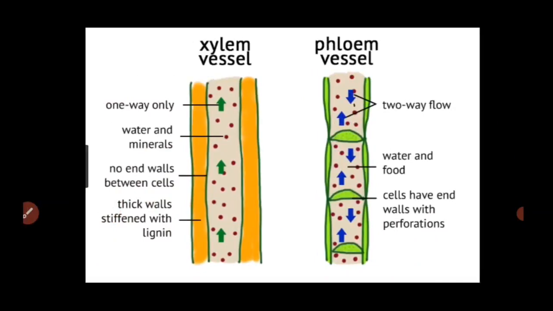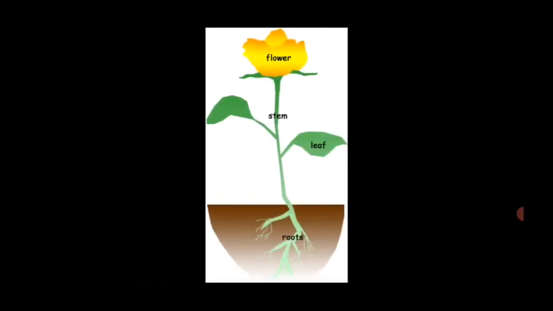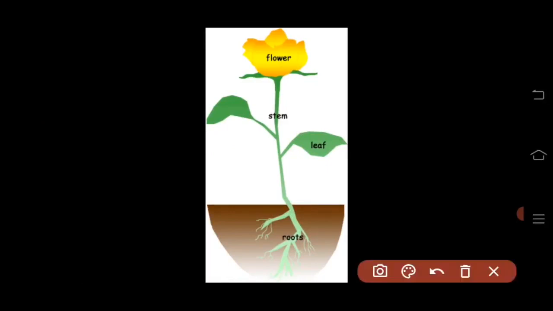You know that xylem is responsible for carrying water and minerals, and phloem is responsible for carrying food. The main plant body of pteridophytes is differentiated into root, stem, and leaves.